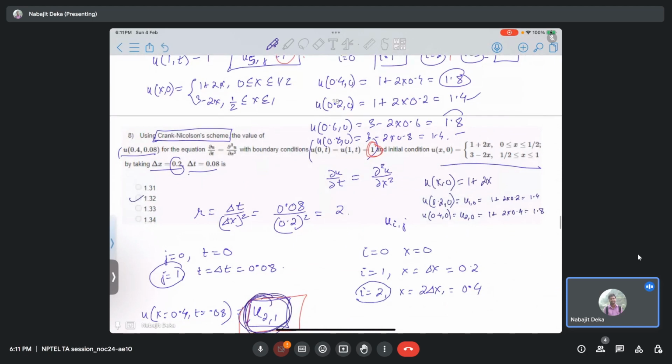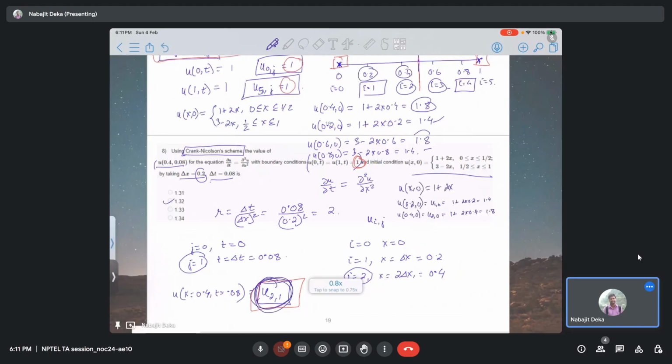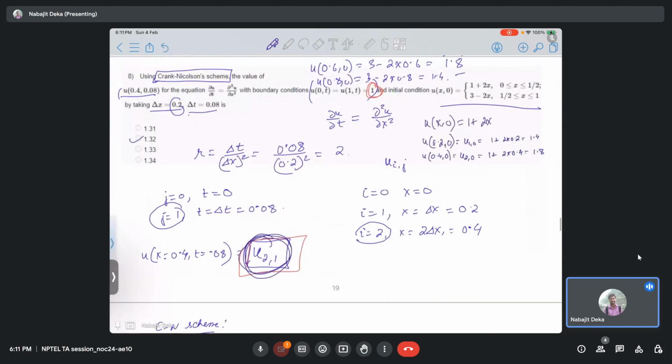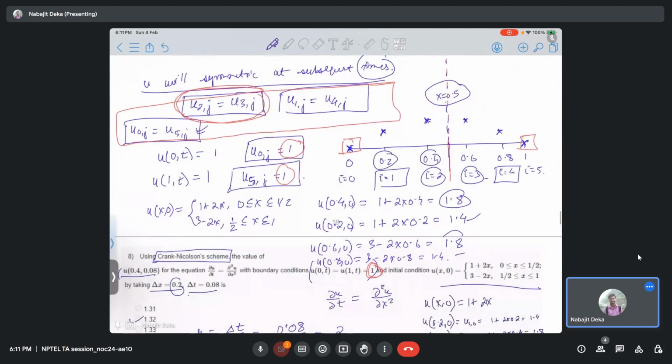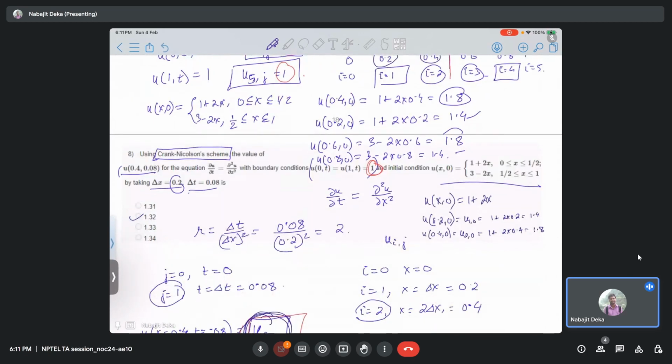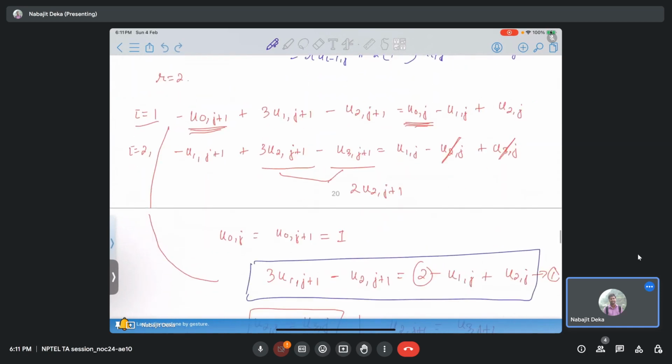I think this type of problems have been shown in the lectures also. The problem is symmetric, so we have to take advantage of the symmetric condition, and then write it for two intervals, I equal to 1 and 2.